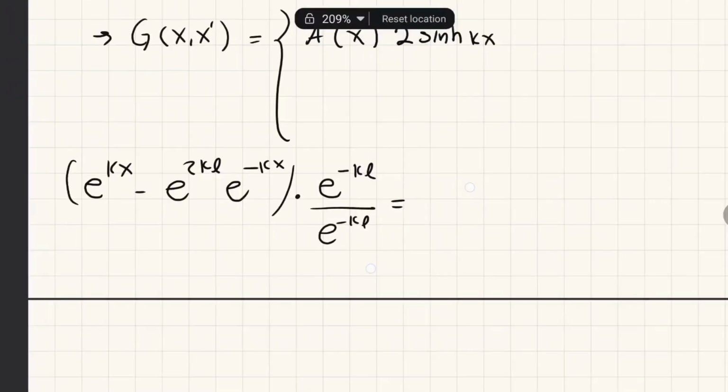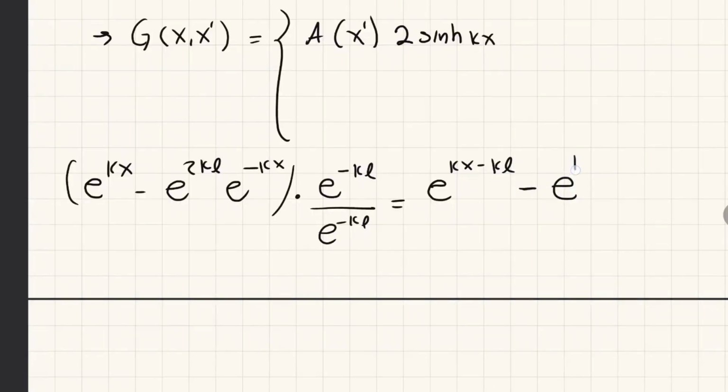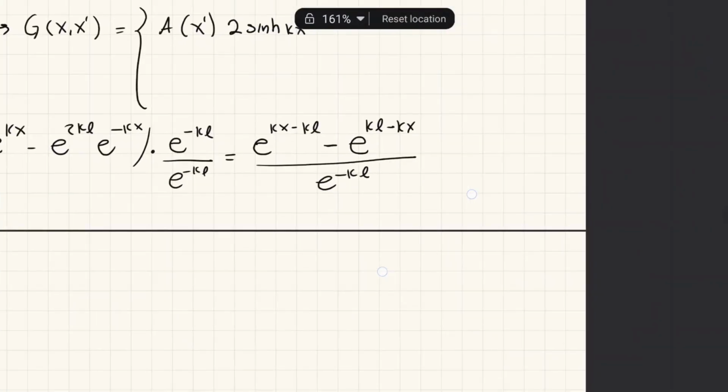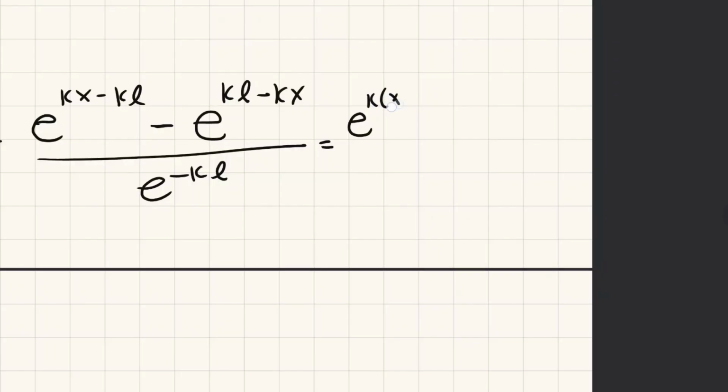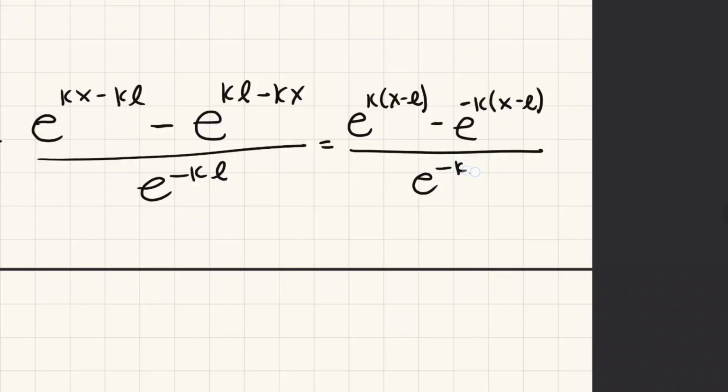So we are going to get e to the kx minus kL minus e to the kL minus kx, and then all divided by e to the negative kL. From here, it is not hard to see that this is e to the k times x minus L minus e to the minus k times x minus L, divided by e to the negative kL.